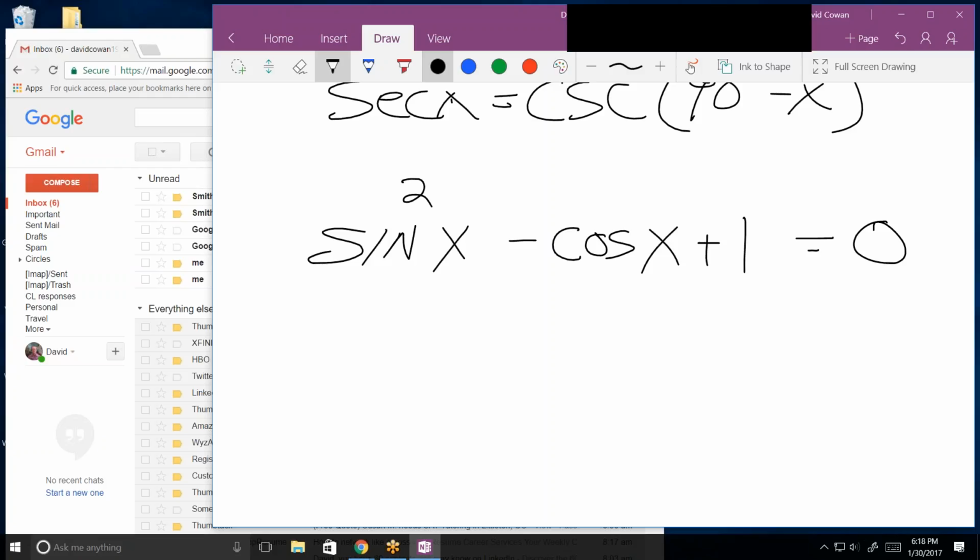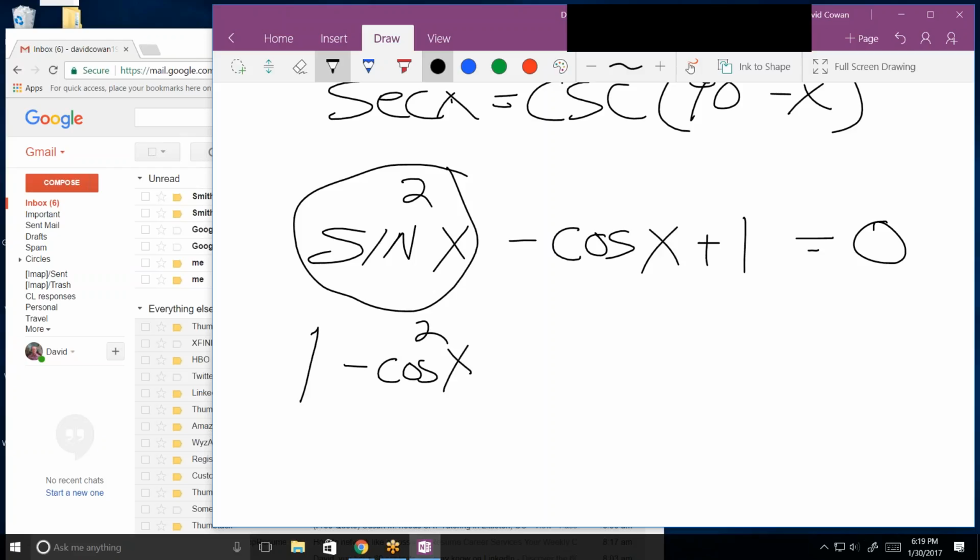But what if I use the Pythagorean identity for this? That becomes 1 minus cosine squared of x. That's its identity. Remember, sine squared plus cosine squared equals 1. Therefore, sine squared equals 1 minus cosine squared.